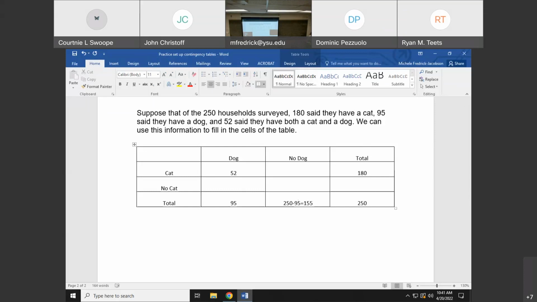Yep. How about how many do not have a cat? 250 minus 180 equals 70. Any questions?